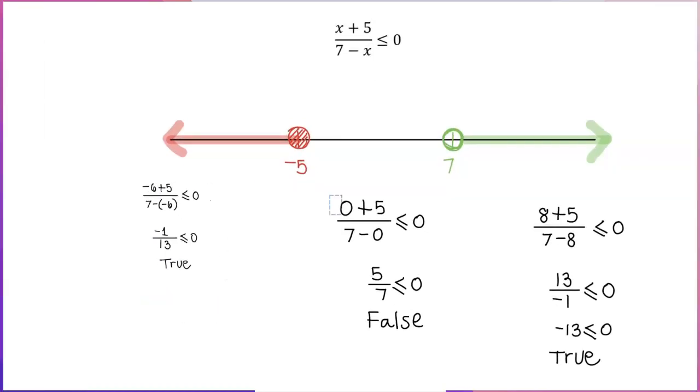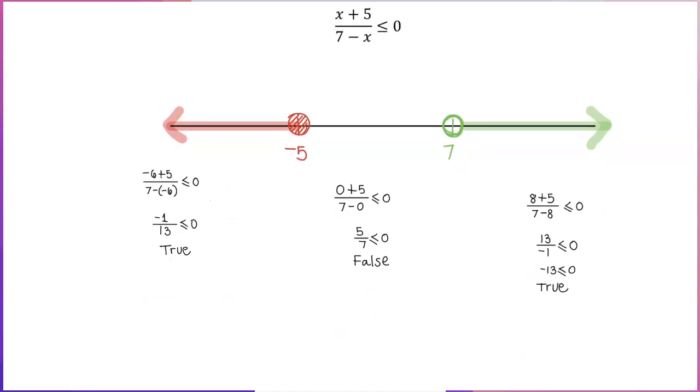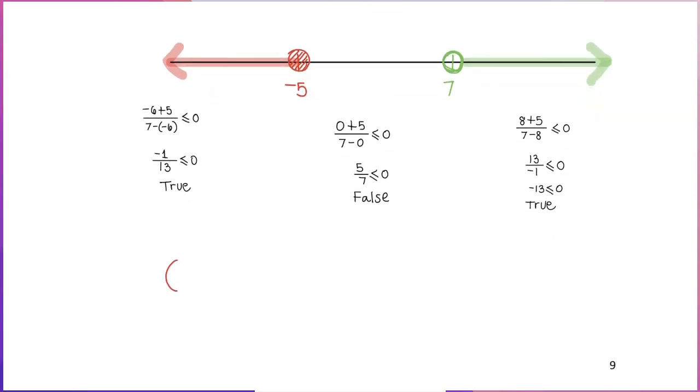We have two intervals, right? The one that is going forever to the left. We're going to say that interval is from -infinity to -5. So put a parenthesis, -infinity, comma, -5, close parenthesis. But I made a mistake right here. It should not be a parenthesis after -5.